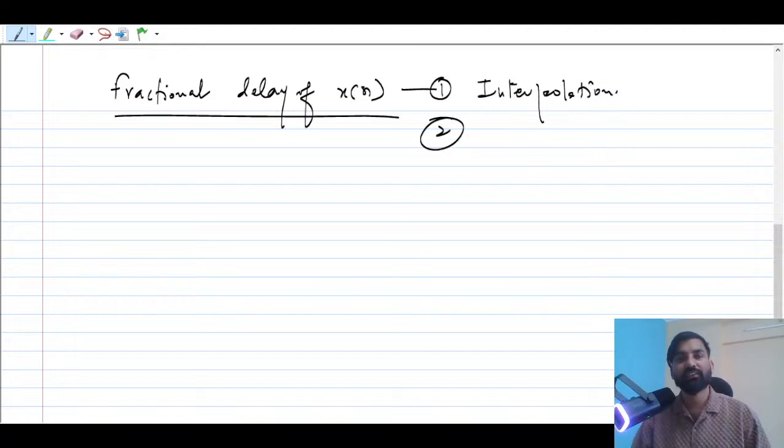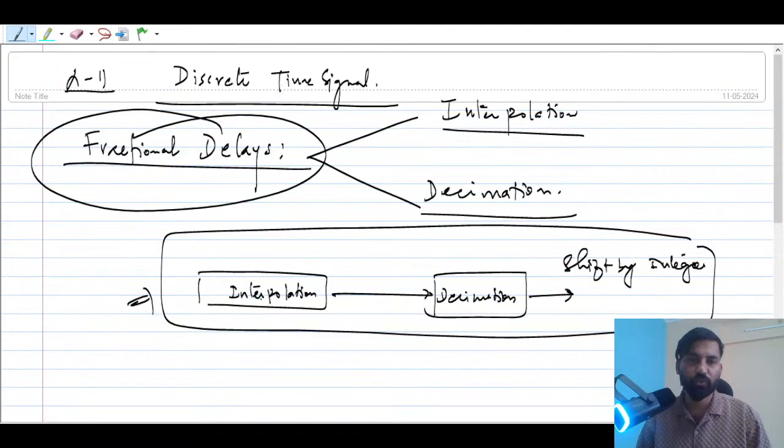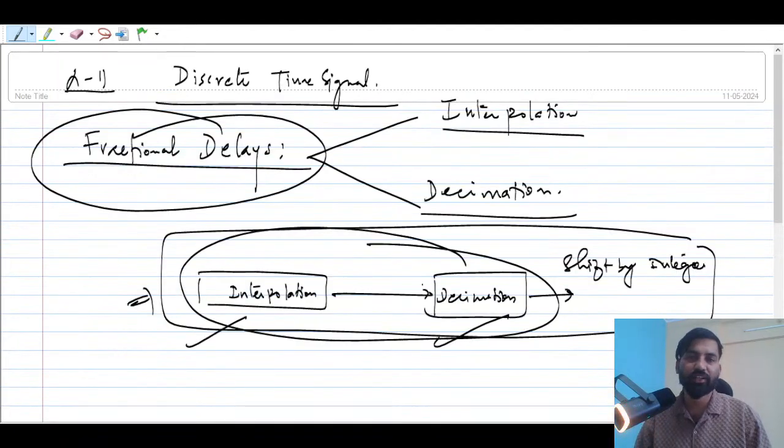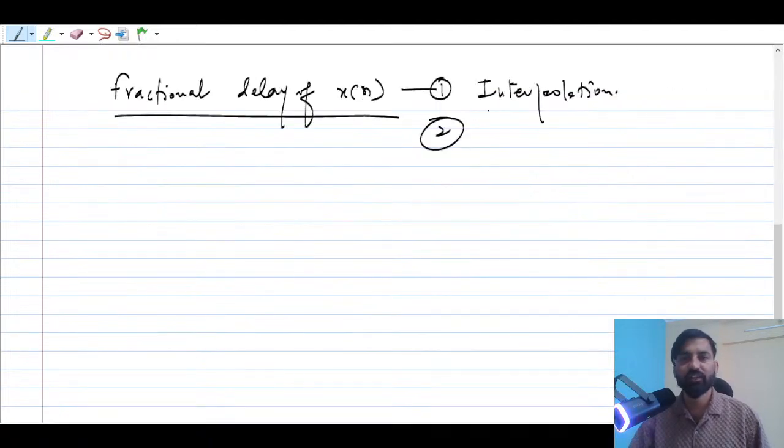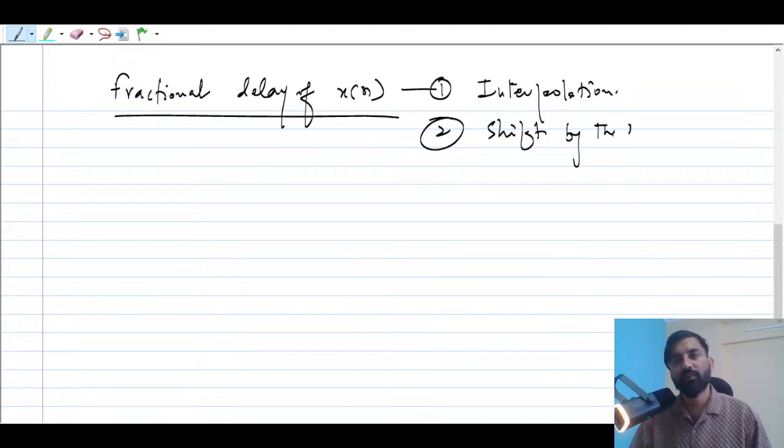And second, that you have to perform. I have told you interpolation, then decimation; this sequence you have to maintain. But suppose there is a shift also. Then you can first perform interpolation, then go for the shift by the integer, and the third is going to be decimation.